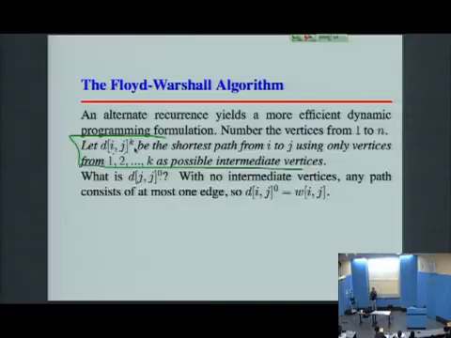Or it might not get shorter, but it can't get longer because I give myself another option. And it should be clear that when I'm allowed to use all possibilities as intermediaries, then I have the shortest path overall. Any questions about that?